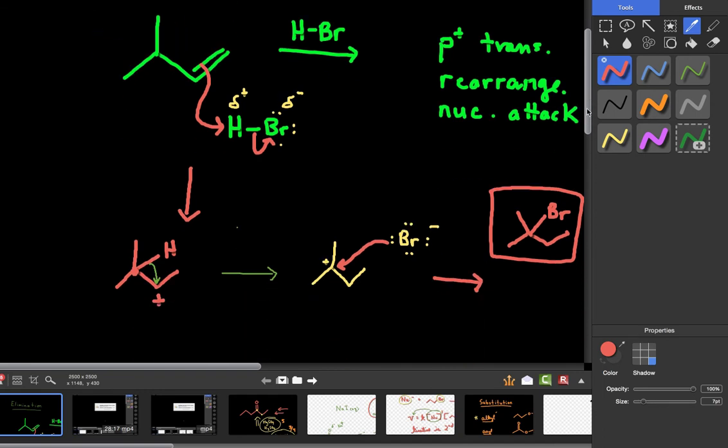The elimination reaction would be to begin with 2-bromo-2-methylbutane, and we would employ the use of a reasonably strong base and also high temperatures.